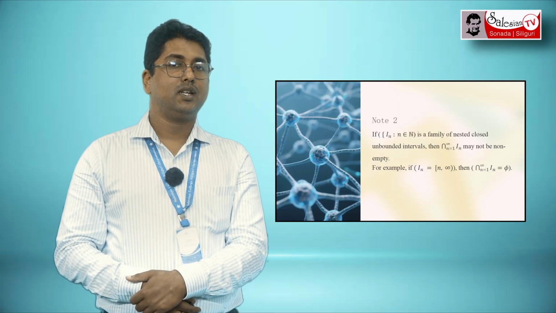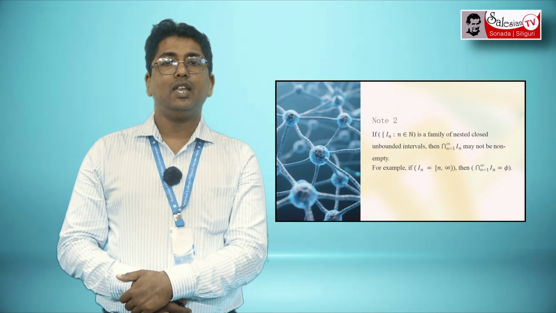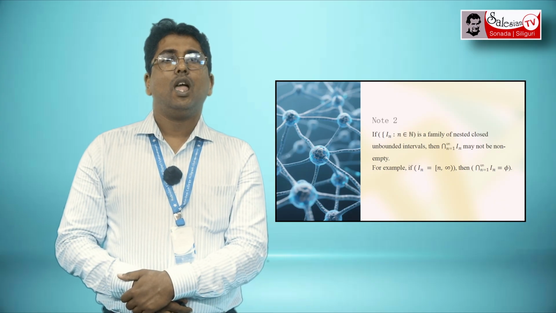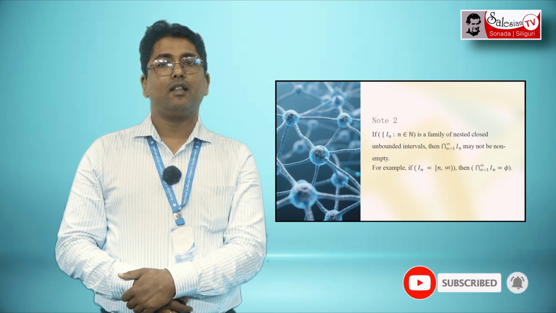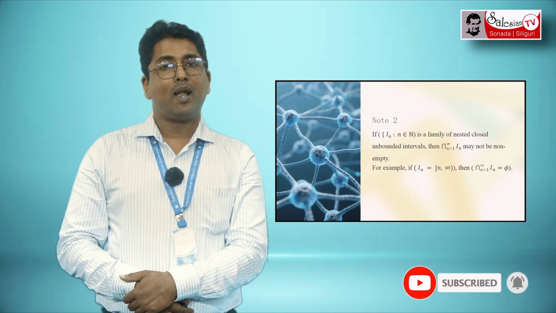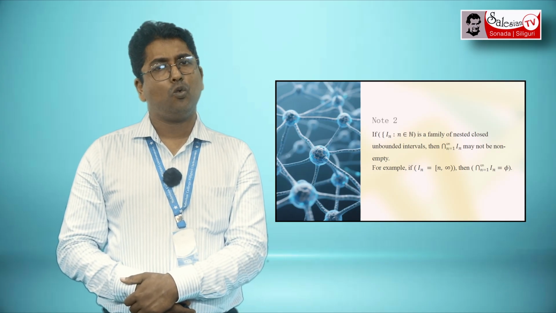At the same time, not only is closedness important, boundedness is also important. The next example gives clarity for that. If you consider In equal to the set of x such that x belongs to R and 0 less than or equal to x less than or equal to 1 by n, then our result will work.